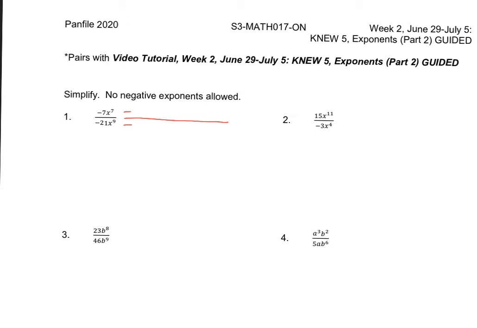Okay? A 7 on the top and a 21 on the bottom is going to end up simplifying. And we know that because, again, a lot of what we did in Math 10, basic math, if you remember back to that course, worked with multiples, factors.